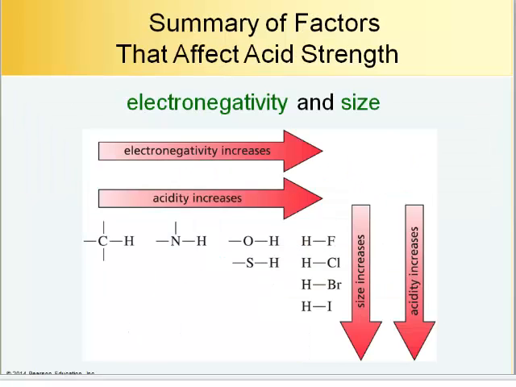So in all, and I know that was an awful lot to take in, summarizing the factors that affect acid strength. As electronegativity increases, the acidity will increase as well. As size increases, the acidity will increase as well. When it comes right down to it, look up the pKa values and you'll be able to tell fairly easily.